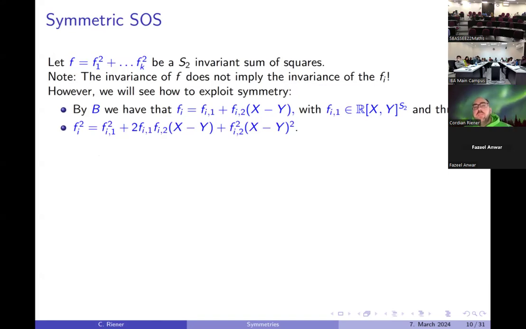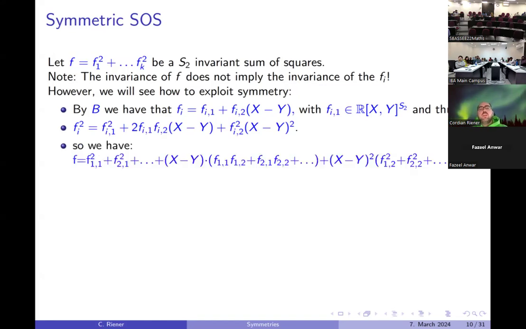So the left-hand side is invariant and the right-hand side is invariant. And in the middle, I have a term, two invariant polynomials times x minus y. Okay, that's also just simple algebra. So if I do this for all of them, I immediately get this decomposition where I have the left-hand side invariant polynomial squared, right-hand side invariant polynomial squared, and in the middle, I have something that is not invariant.